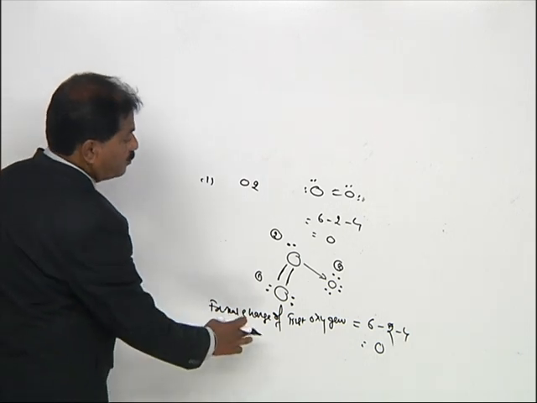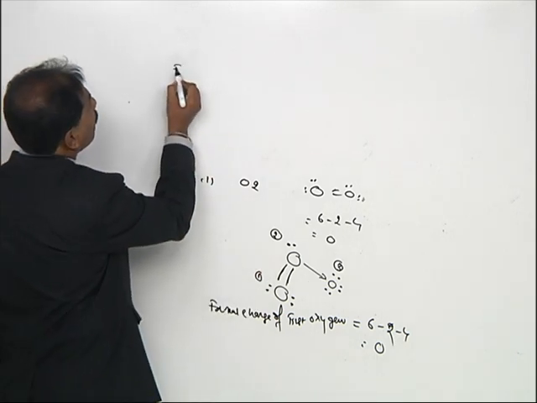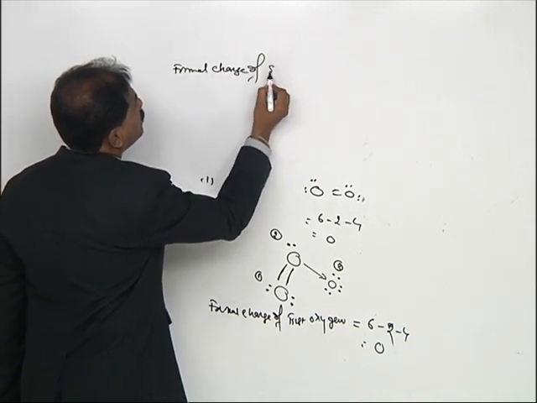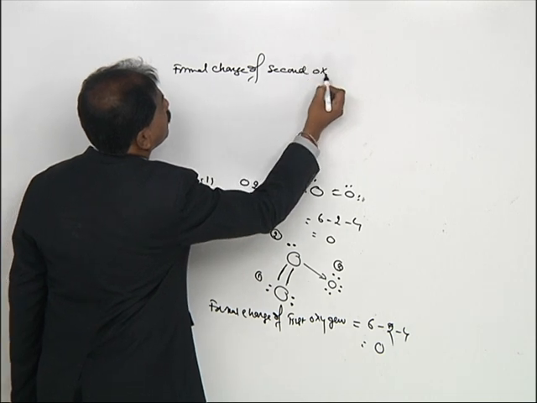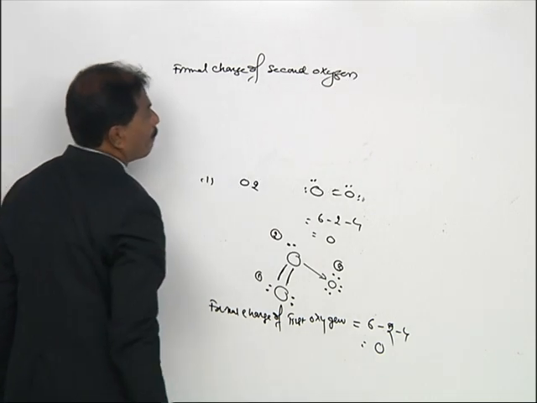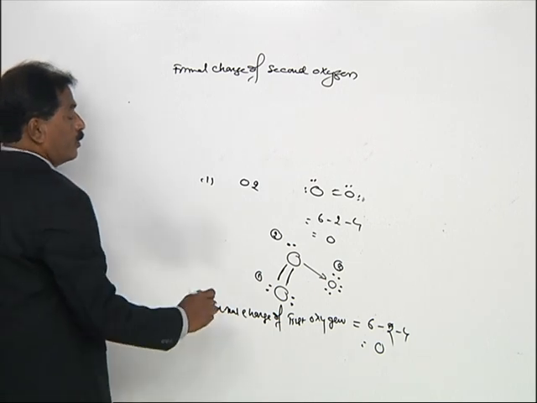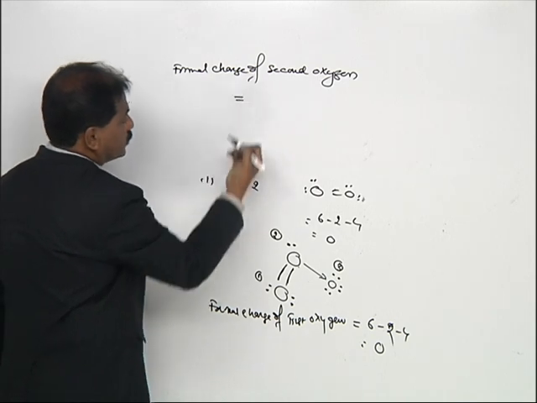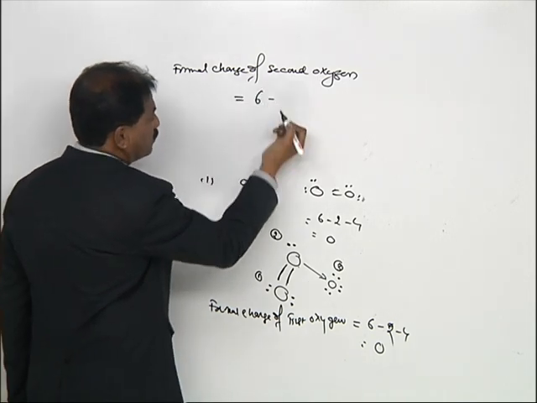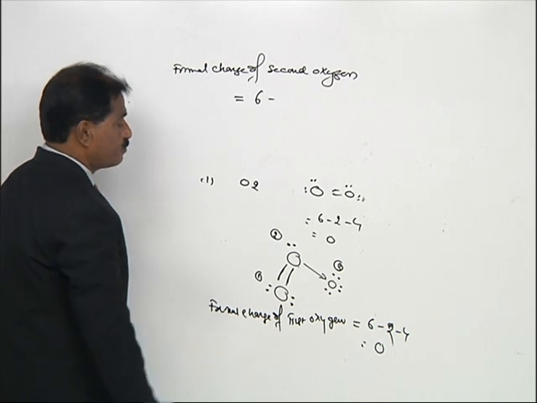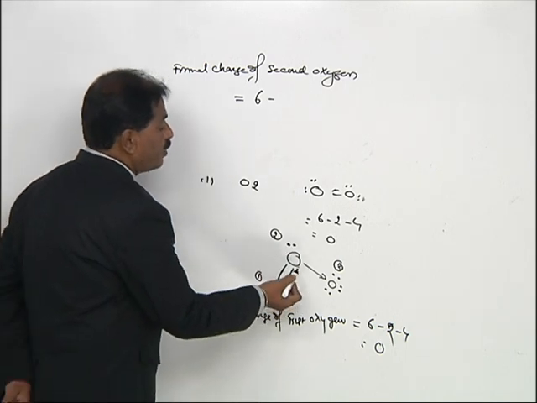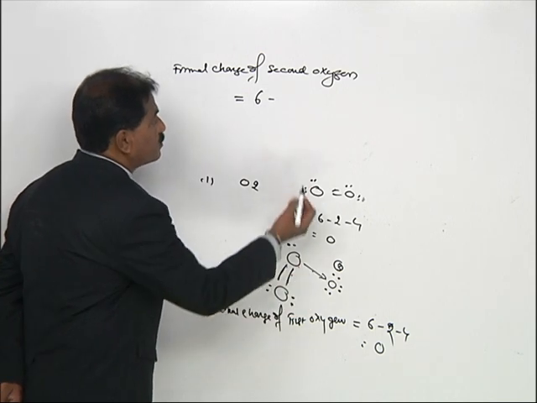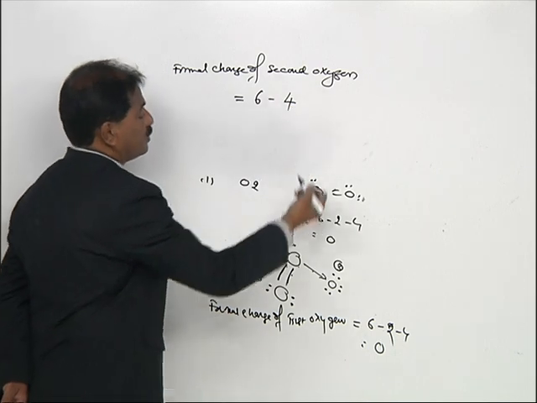Next, formal charge over the second oxygen. For this oxygen I am calculating. So, 6 electrons in the valence shell before bond formation. Number of electrons contributed for bond formation: here it has contributed 2 electrons, here it has contributed 2 electrons. So, therefore 4 electrons were contributed.